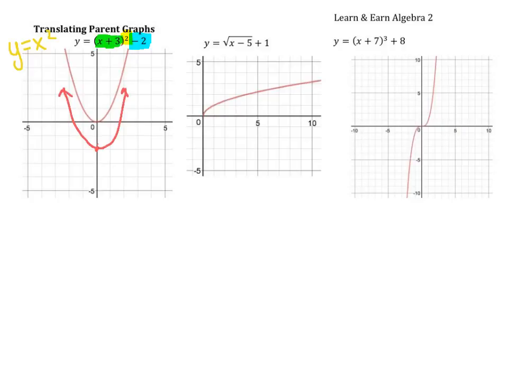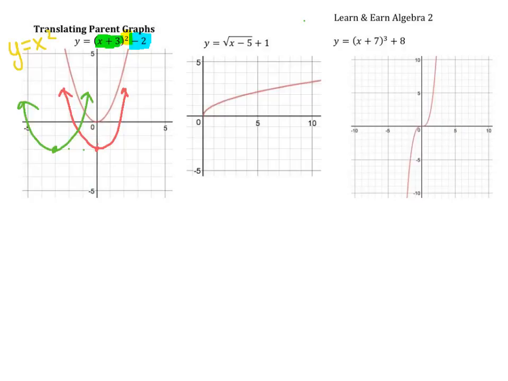Because it's on the inside of the squared, we're actually going to do the opposite of what it says. This says a positive 3, so instead of moving right 3, I'm going to move to the left 3 spots. So my graph is going to be there in green.